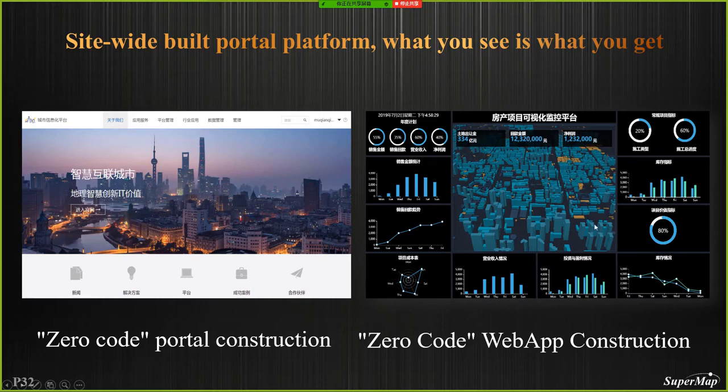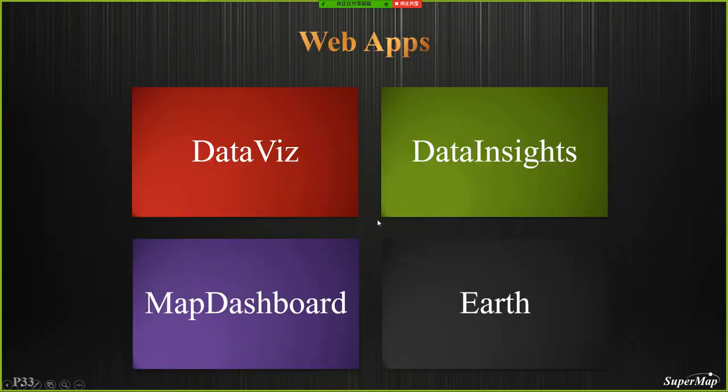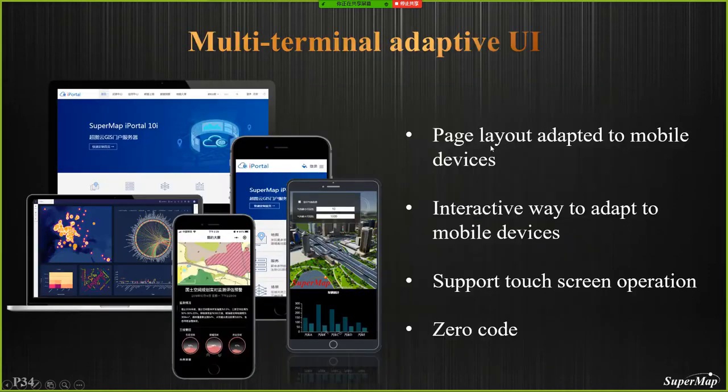And here are some web apps it supports. And okay, at the same time, our product supports the multi-terminal adaptation. It supports the computer terminal and mobile terminal, which can be well displayed and applied.